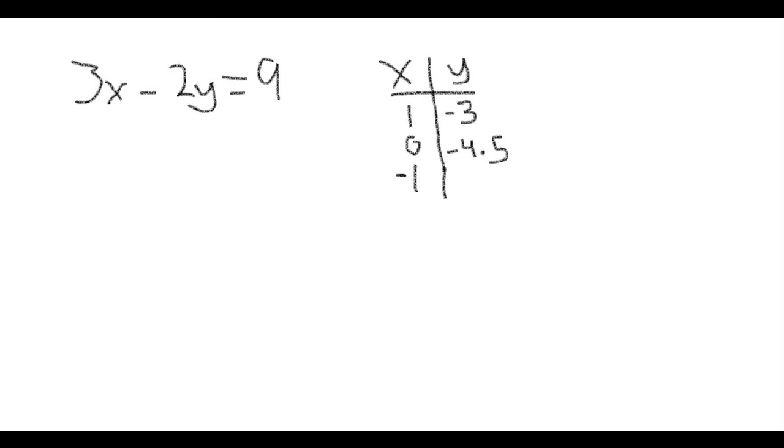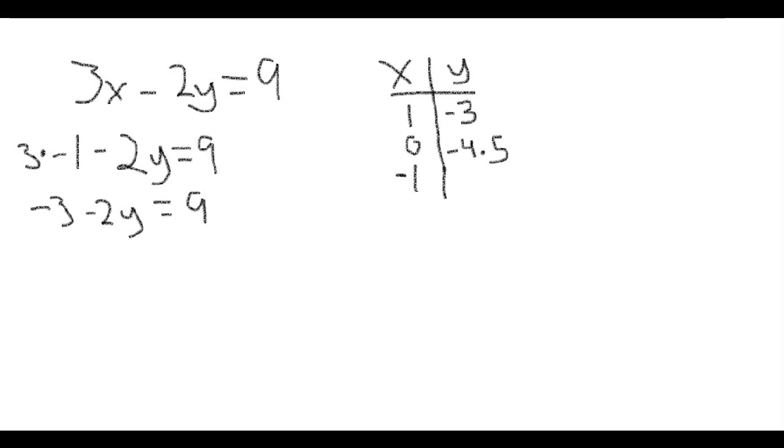Now we will try to solve for the last number, which is negative 1. We have 3 times negative 1 minus 2y equals 9. 3 times negative 1 is negative 3, minus 2y equals 9.